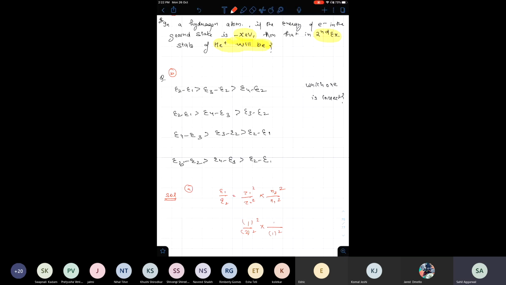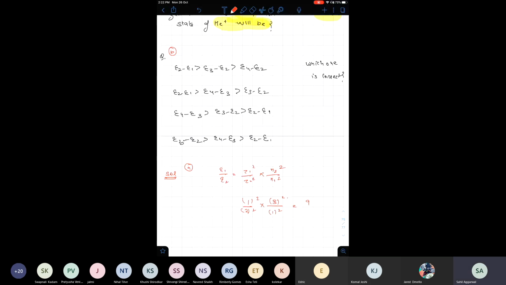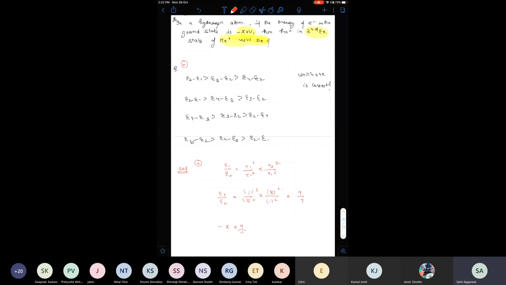Second excited state, meaning 3 square. So it will become 9 by 4 is equals to E1 by E2. E1 is X, so minus X into 4 by 9 will be E2. So the previous answer was minus 4 by 9 electron volt. Very good, Rebecca, Sejal, Shane, Archana, Kimaya, Deepika, Pooja, Jared. Very good. Any problem to anyone in the previous question?